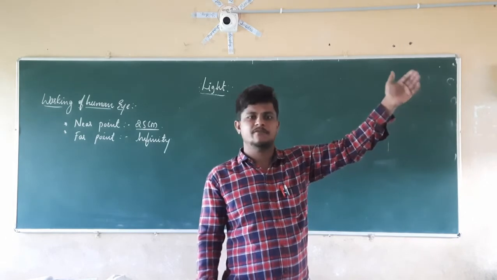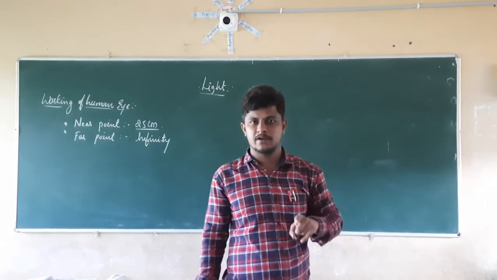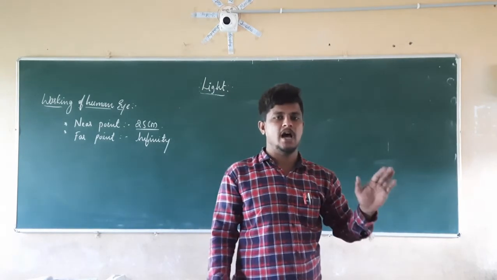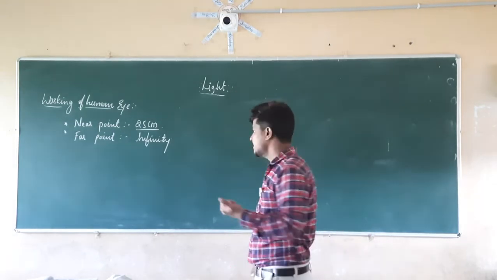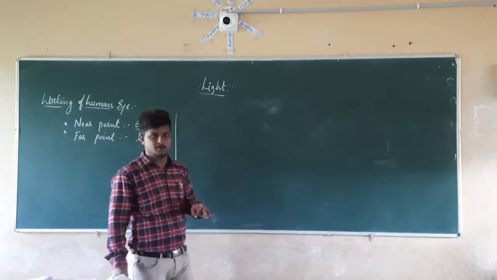So for that reason, far point is anywhere, that is nothing but infinity. Near point is up to 25 centimeter. If it is closer than 25 centimeter, it is not possible that our eye is going to form the image of that thing. Right, so that is the near point and far point.